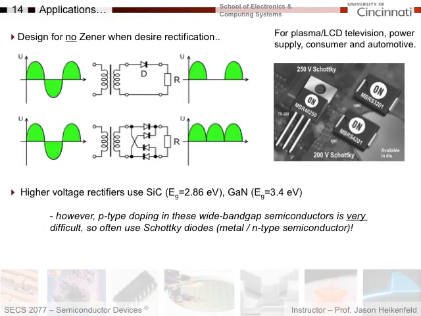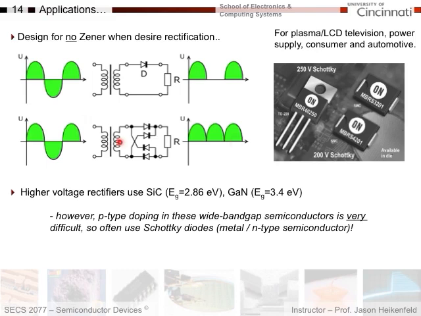So let's look at some applications, some really simple applications. Obviously, when we want rectification, we do not want Zener breakdown. And so if you want a diode that does not break down, you do not want to dope it heavily. And so here's a half-wave rectifier, and here's a full-wave rectifier. These are pretty simple circuits, right?